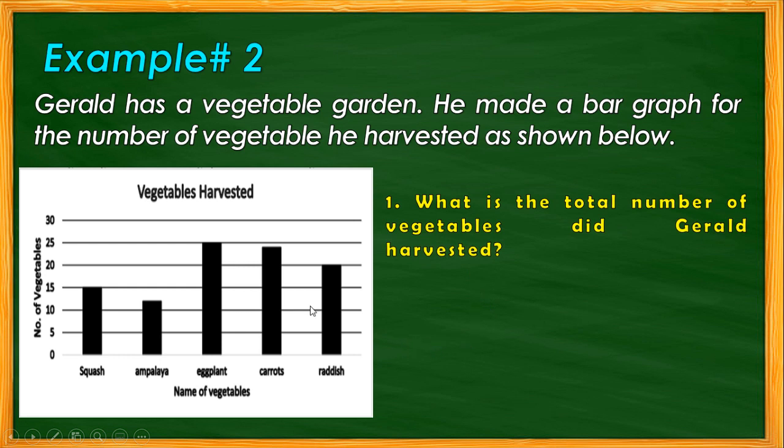So we're going to solve for each of the numbers of vegetables. Squash has 15, ampalaya has 13, eggplant has 25, carrot has 24, and radish has 20.